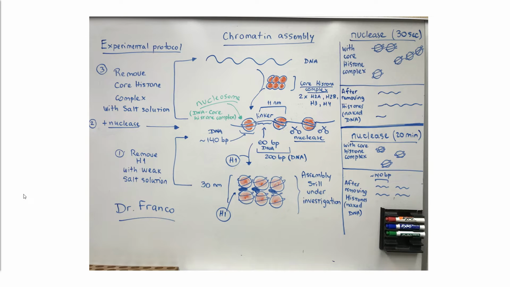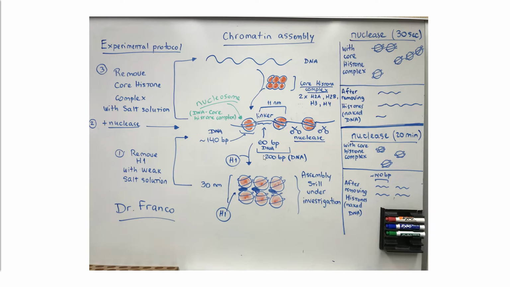When we add histone H1, it binds to the linker region between 2 nucleosomes, right here, and has a blueprint of about 60 base pairs, meaning that a nucleosome complexed with H1 takes up about 200 base pairs of DNA.